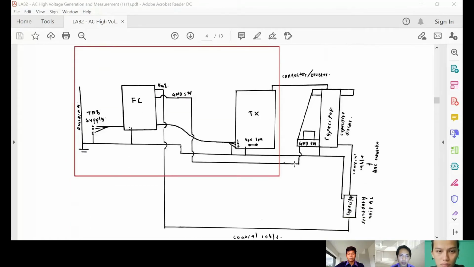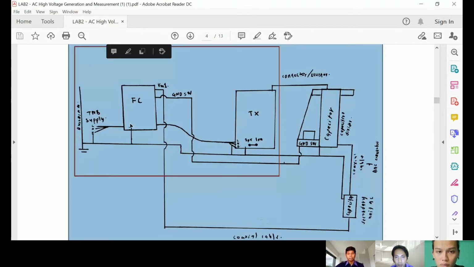Before we connect to the FC, we supply it with the TNB supply, and then the connection goes to the transformer checkpoint. As you can see at the bottom, the FC is connected to the 3 points at the transformer, and the grounding is tapped at the ground.